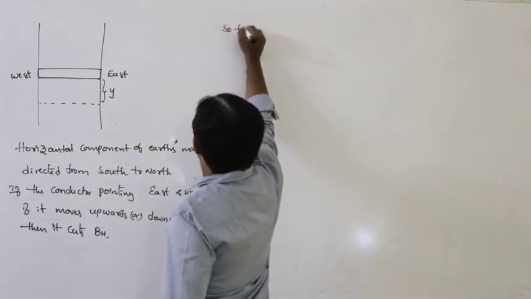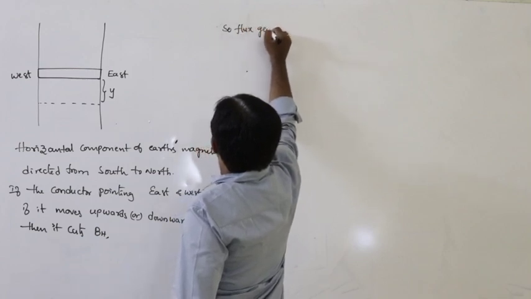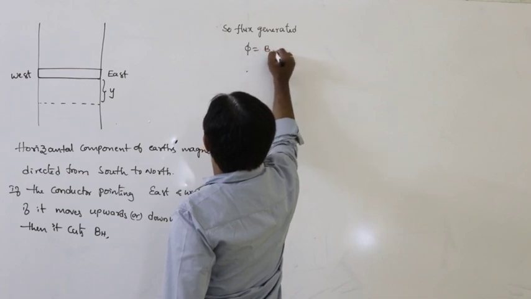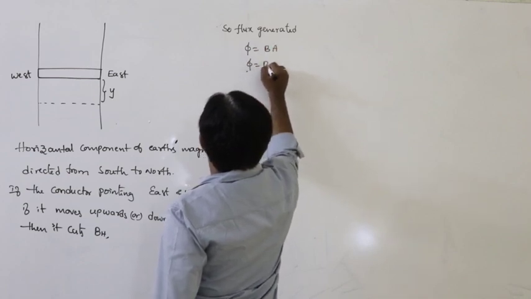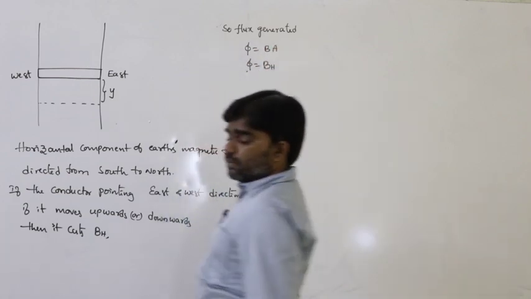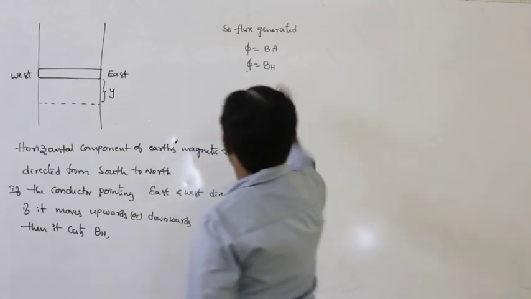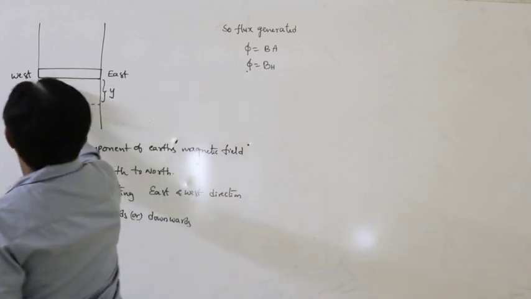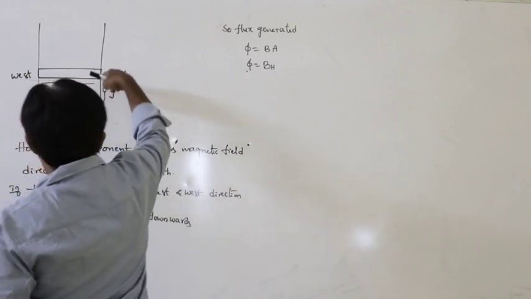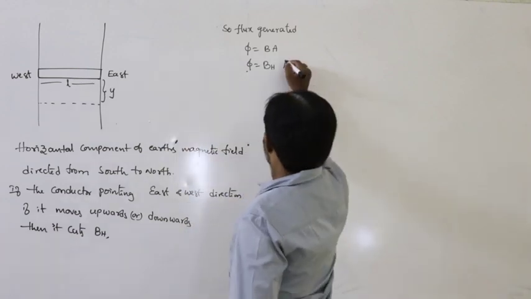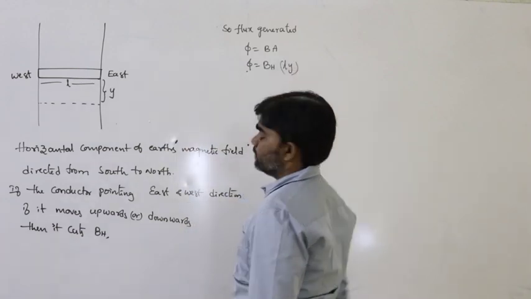So this conductor cuts the horizontal component of Earth's magnetic field. So flux is generated. What is the flux? Flux formula is phi is equal to BA, where B is nothing but BH, the horizontal component of Earth's magnetic field. What is the area here? The length of the conductor does not change, but if it moves downwards, this component must vary. So the area is Ly, let us say.